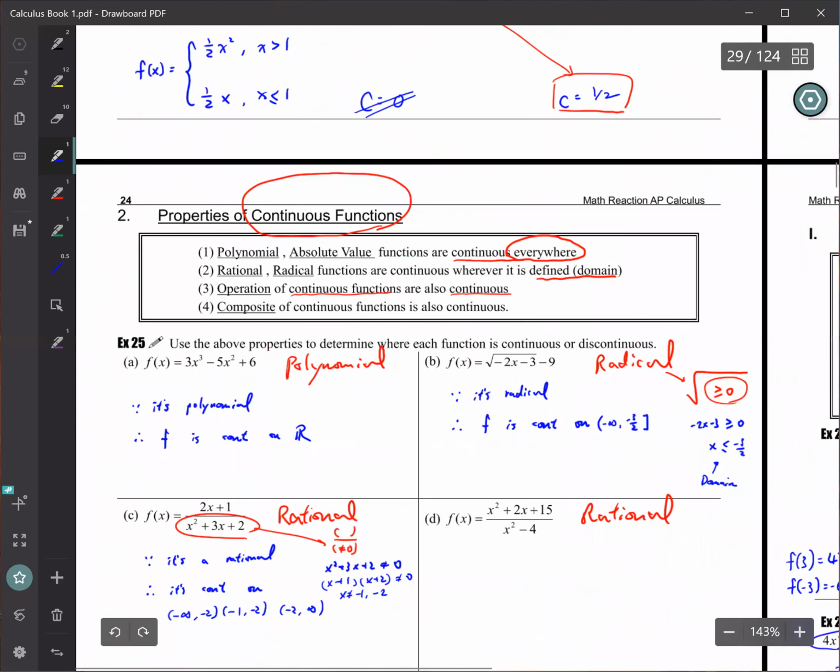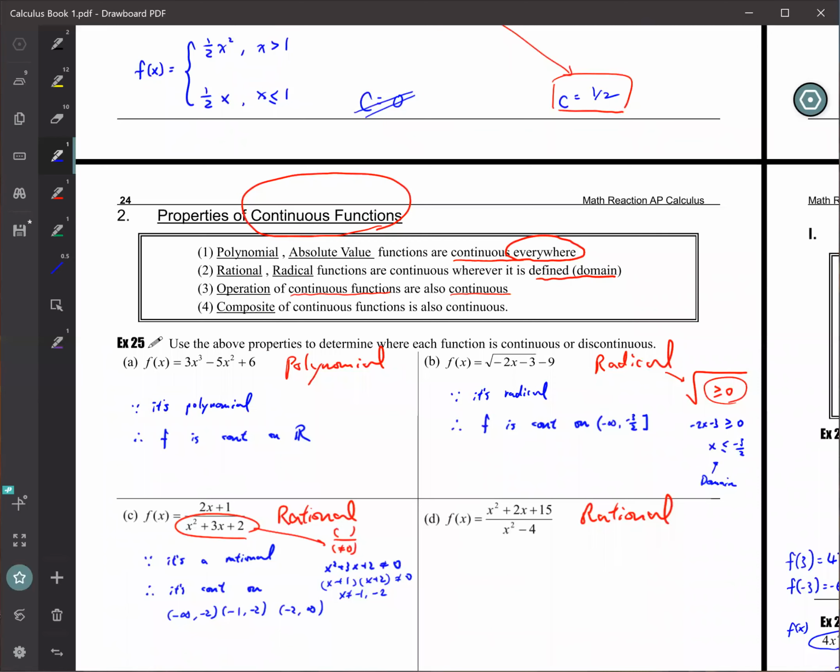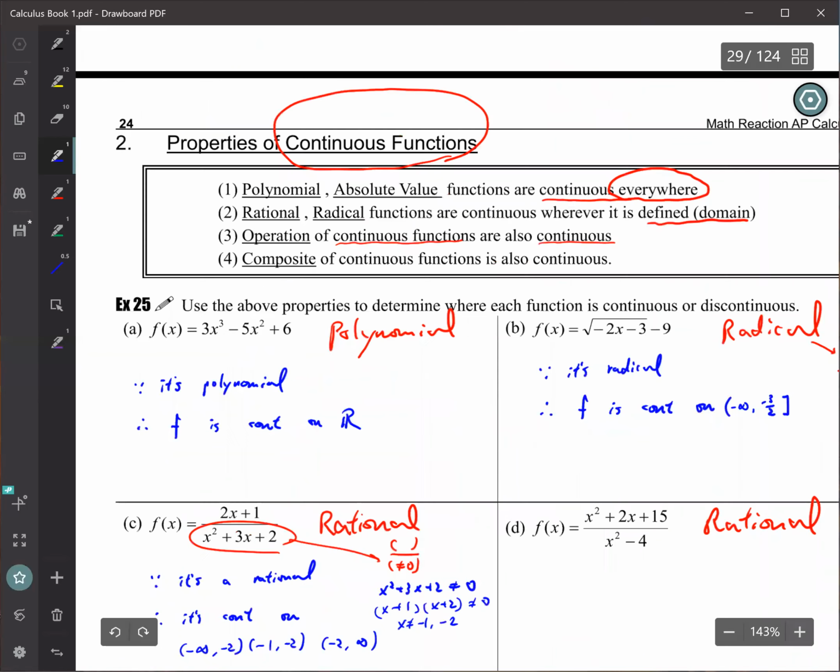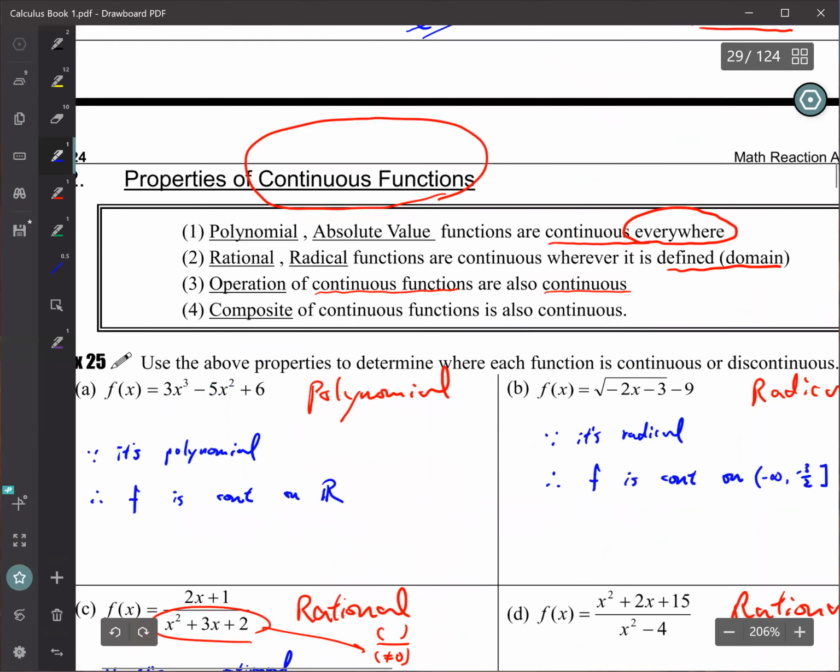Properties of continuous functions. Right, so for example, first one, because it's a polynomial, it's continuous on the real numbers. It's a rule, okay? If it's an absolute value, then it's continuous everywhere. If it's rational or radical, then it's continuous on its domain. If you have continuous functions and do operations, then the resulting function is also continuous.